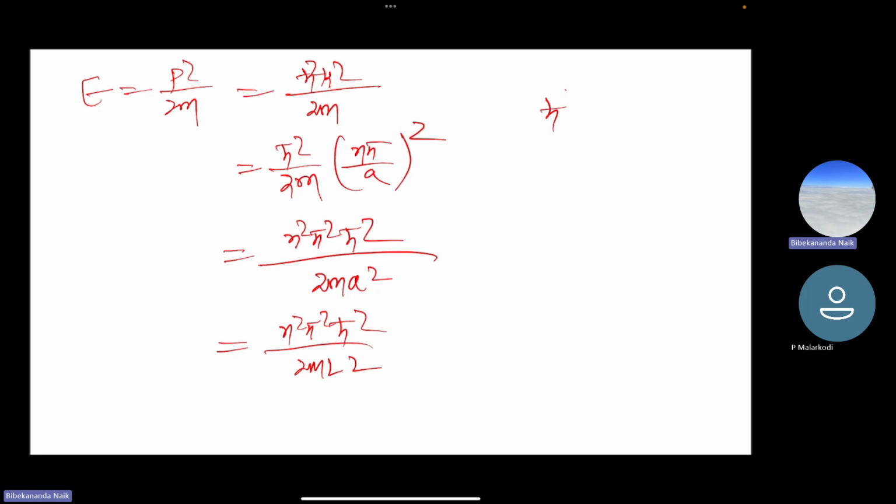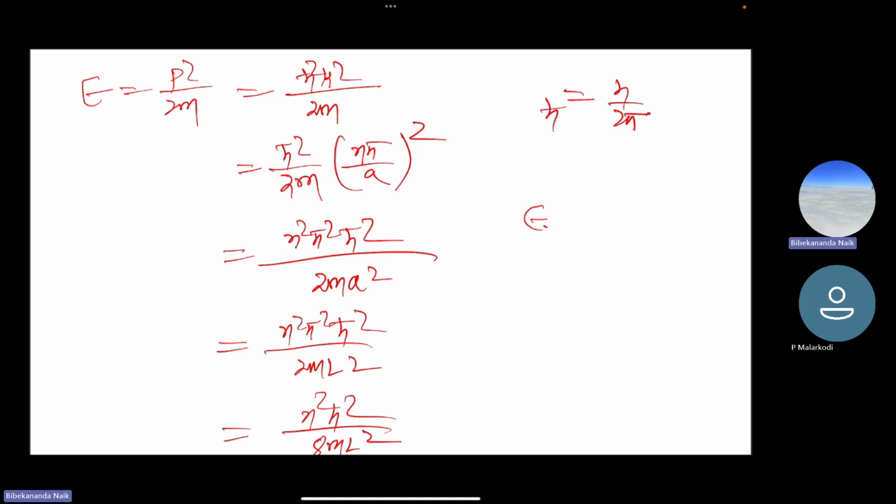And again we know h cross is nothing but h by 2 pi. If we put that, it will be n square h square by 8m L square, because this pi square and the 4 pi square cancel out, and 2 into 4 is 8, giving 8m L square.